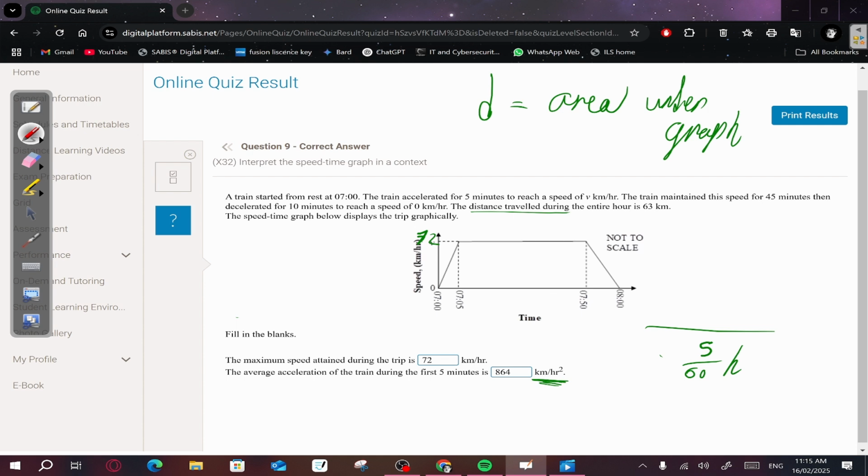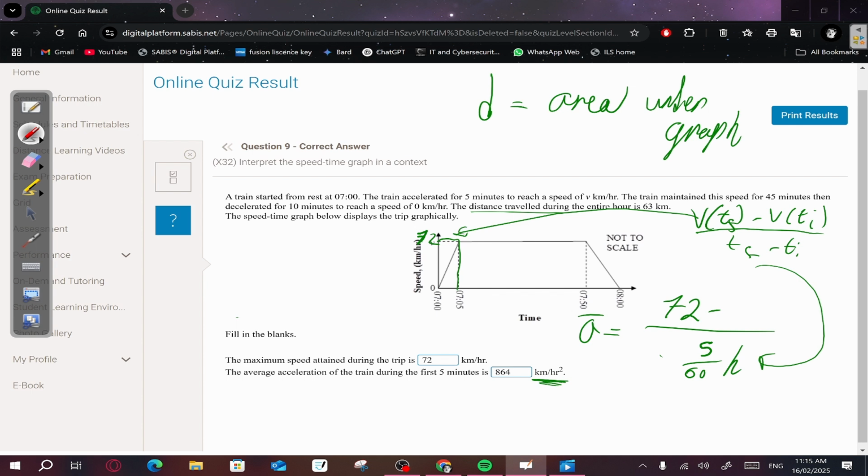Now 72 kilometers an hour at 5 minutes, so it's gonna be 72. Because remember, they want average acceleration, so v final minus v initial over t final minus t initial. We found t final minus t initial, which is what we substituted. This is the velocity at the final time.